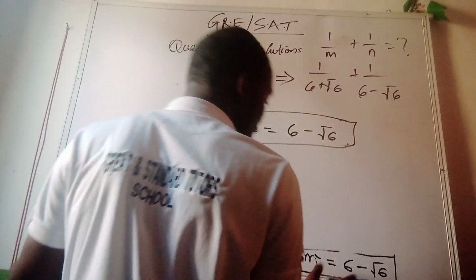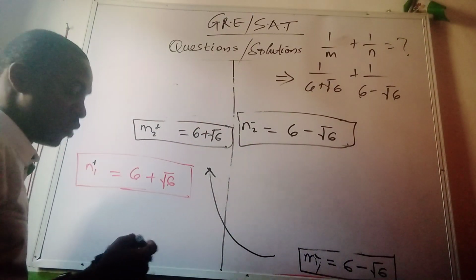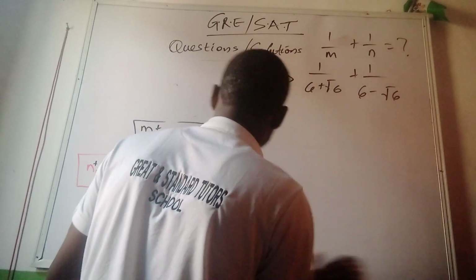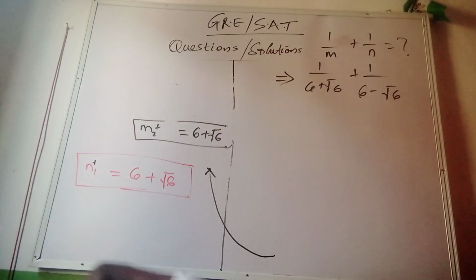Remember, if you use it for the other one also, it's going to be the same. So don't bother yourself, just take one and you will be fine at the end of the day. So we have it like this, in this clear version.